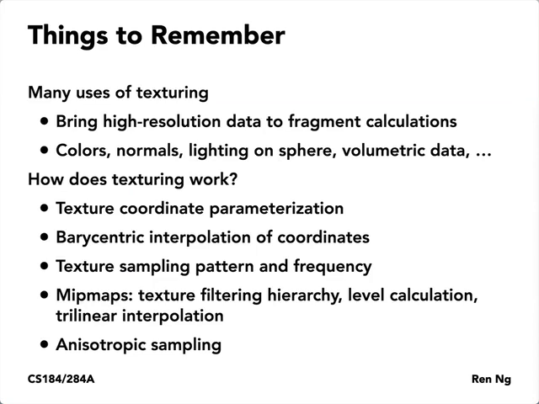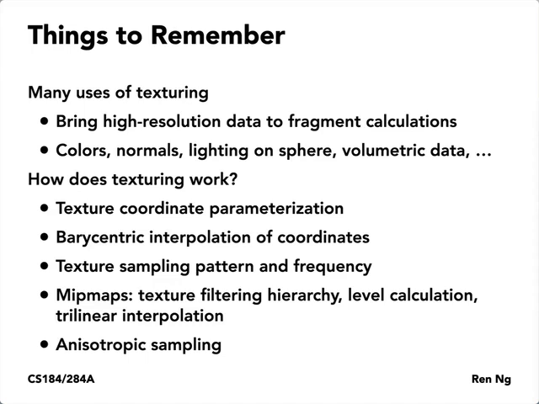How does texturing work? We have to have texture coordinates applied somehow to our scene. If we're applying across the surface of triangles, which is very common, we have to interpolate the coordinates, so barycentric in the case of triangles. We then sample into the texture images, and we have to be concerned with the sampling pattern, the frequency of it, and aliasing.